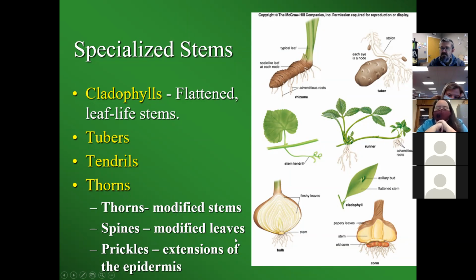Spines are modified leaves, and prickles are actually parts of the epidermis. All of them poke you, and we don't use the terms correctly in everyday life, but thorns are stems, spines are leaves, and prickles are actually the epidermis. Prickles, for example, would be on a rose.